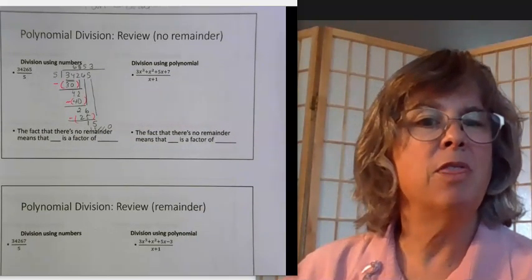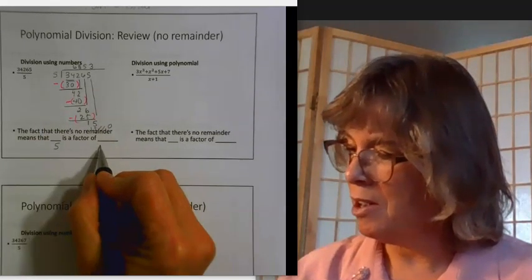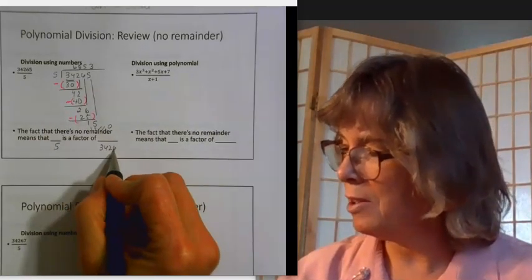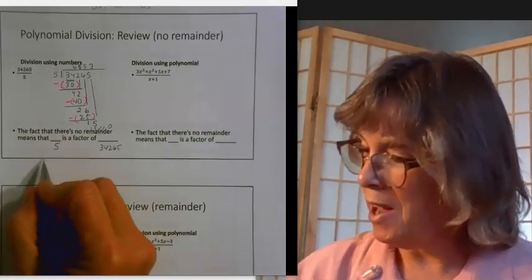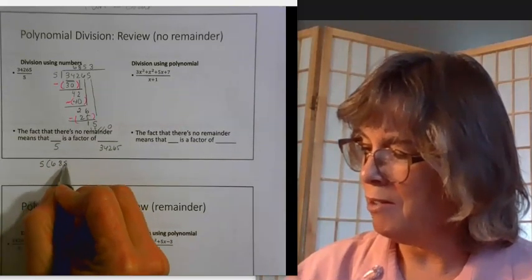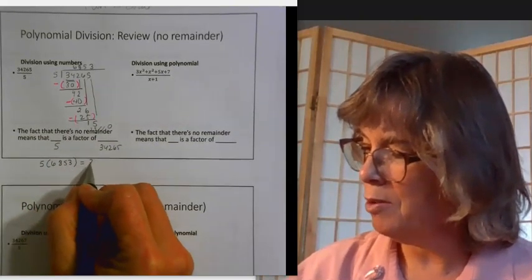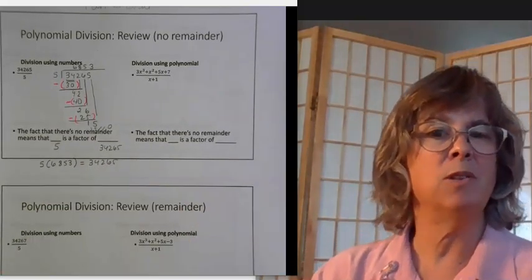So the fact that there's no remainder means that 5 is a factor of 34,265. You can also say that 5 times 6,853 is equal to 34,265. That multiplication statement is really key.